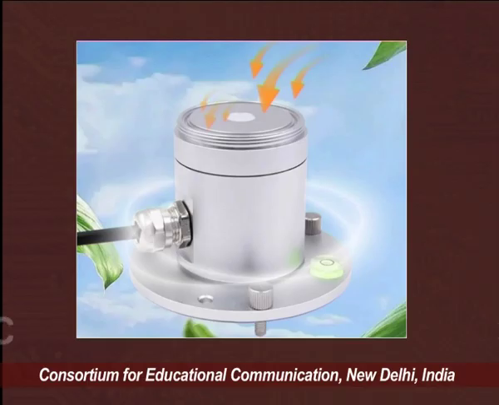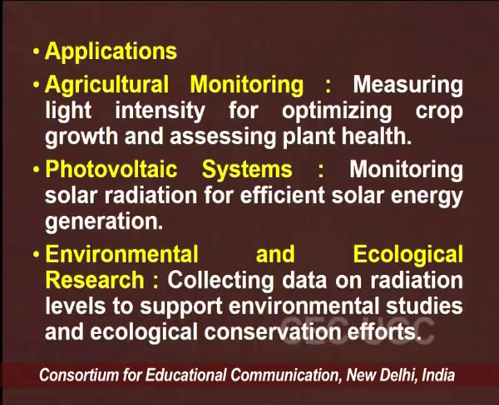So what are the applications of this PAR sensor? It is used for agriculture monitoring, for photovoltaic systems, and for environmental and ecological research. By measuring the light intensity, it helps optimize crop growth and assess plant health. So the PAR sensor is used for agriculture monitoring.